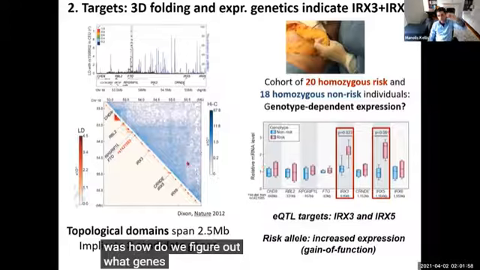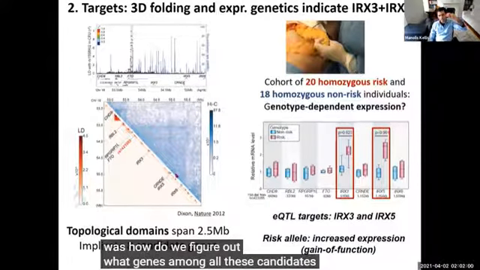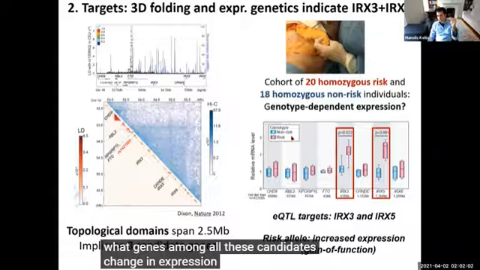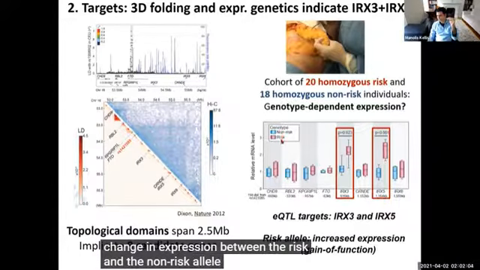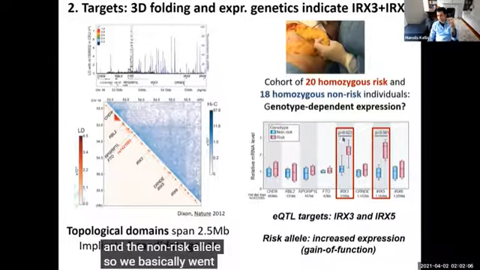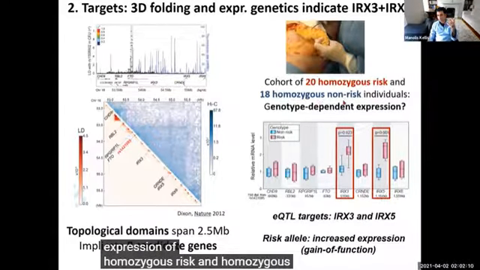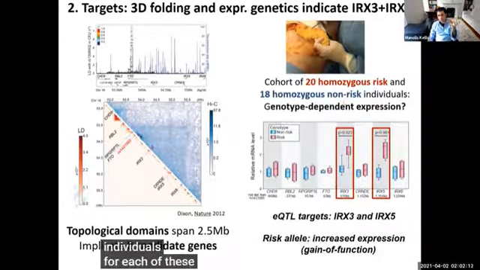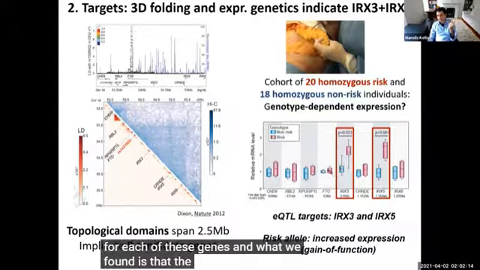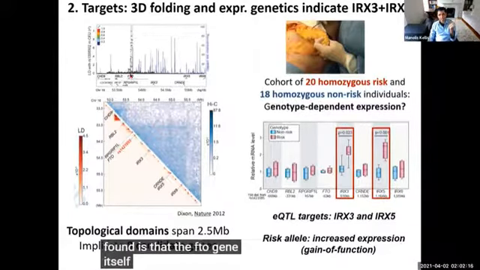So the next challenge was, how do we figure out what genes among all these candidates change in expression between the risk and the non-risk allele? So we measured the expression of homozygous risk and homozygous non-risk individuals for each of these genes. And what we found is that the FTO gene itself had no change in expression.